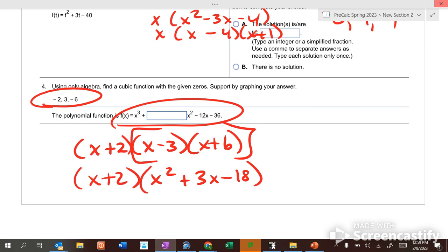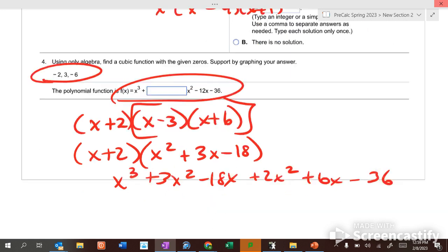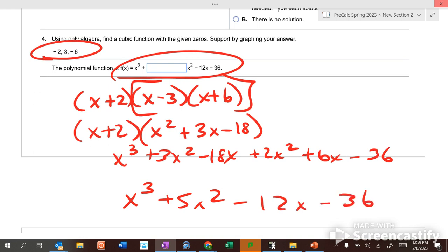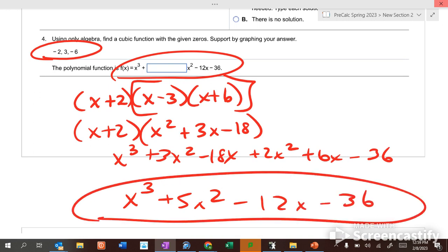And then double distribute. x cubed plus 3x squared minus 18x, and then distribute the 2, plus 2x squared plus 6x minus 36. So it's x cubed plus 5x squared minus 12x minus 36. So what goes in here is the 5.